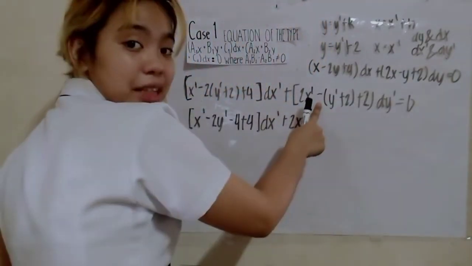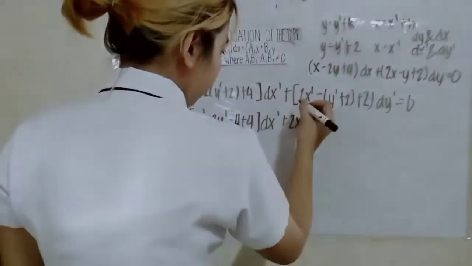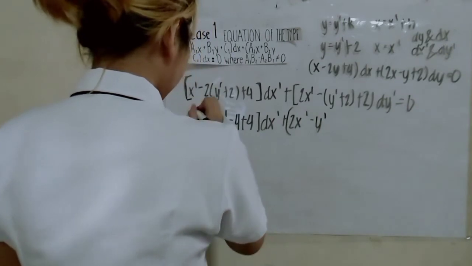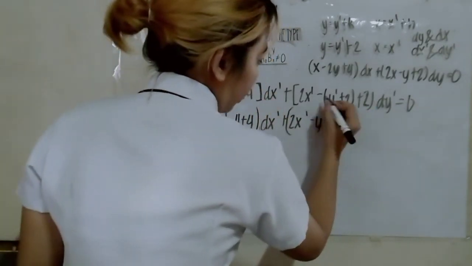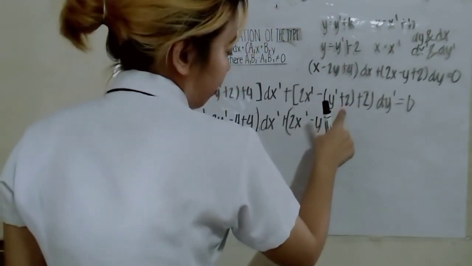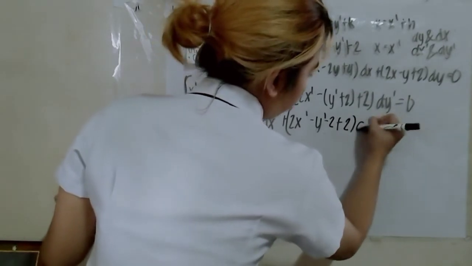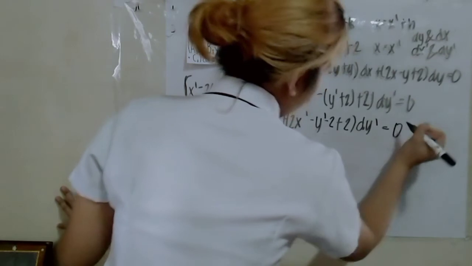Distribute the negative sign: negative y prime, and to the positive 2, negative 2, plus 2 dy prime equals 0.